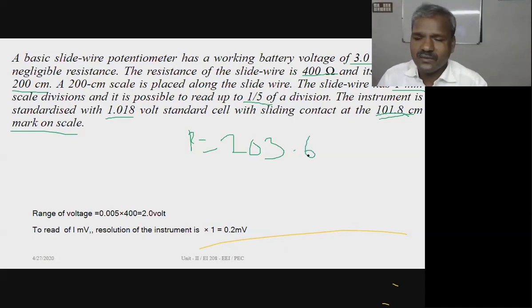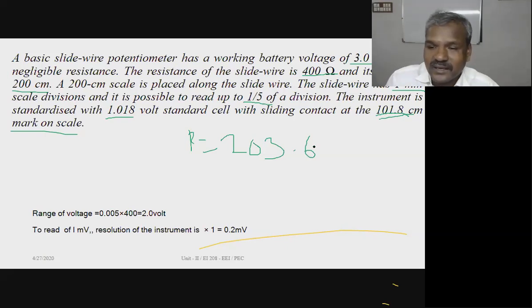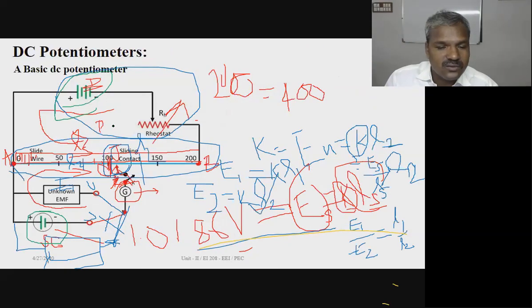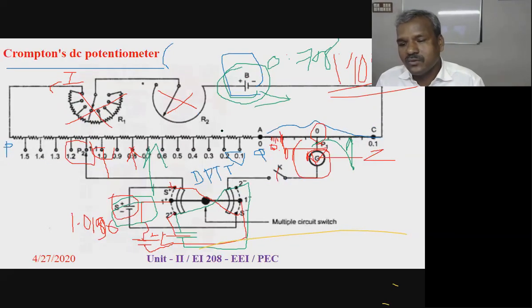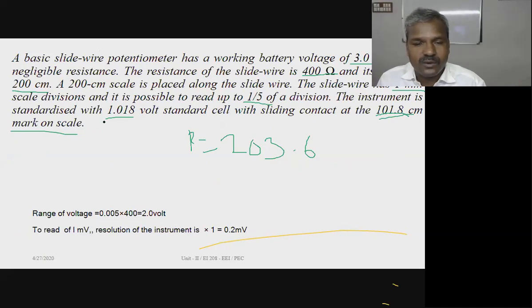Okay, can you tell me what is the working current in the battery circuit? The position is at 101.8, and the battery is a 3 volt battery. What will be the working current in this primary circuitry? You know the EMF is 1.018 and the resistance is 203.6.